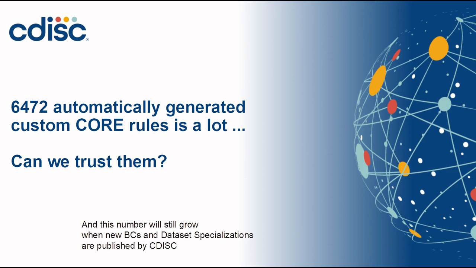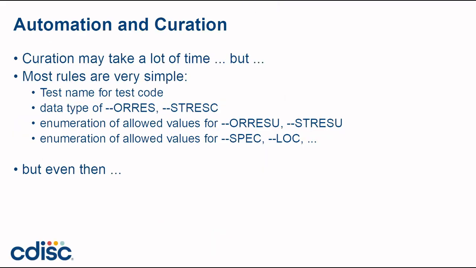6472 automatically generated rules is a lot, so the question arises, can we trust them? We need to curate. Fortunately, most rules are very simple.